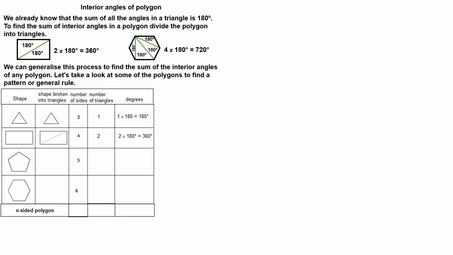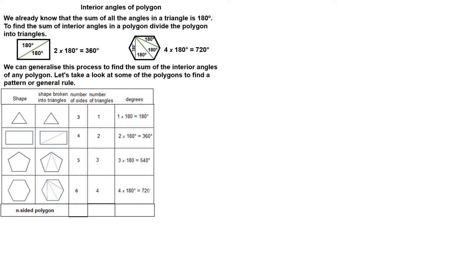The pentagon can be made from 3 triangles. Multiplying the number of triangles by 180 degrees, we get the sum of interior angles of a pentagon. The hexagon can be made from 4 triangles. Multiplying the number of triangles by 180 degrees, we get the sum of interior angles of a hexagon.